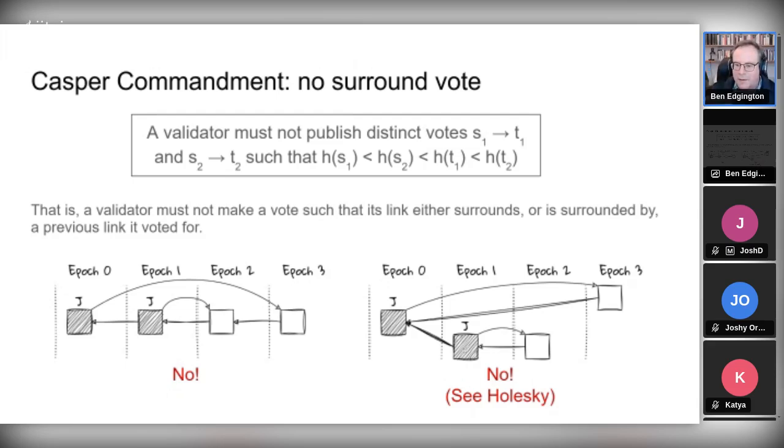However, they are not allowed to rewind justification because that would result in them making a surround vote, because the chain has moved on. So all of the validators, if they want to try to rejoin the correct fork, which is the minority top fork, will get slashed, and we'll come to slashing in a minute. They will have broken this commandment, no surround vote. So there's a nice, juicy real-life example of this rule in action.